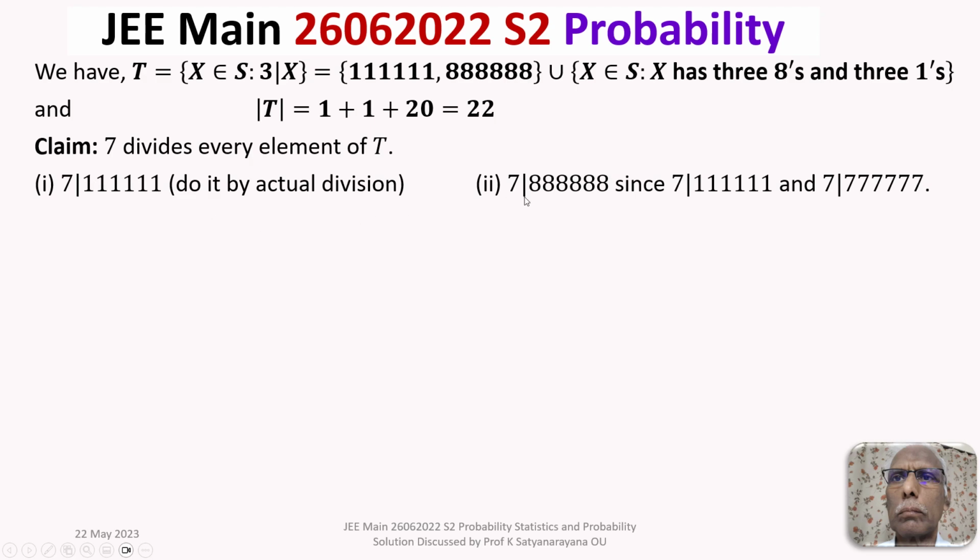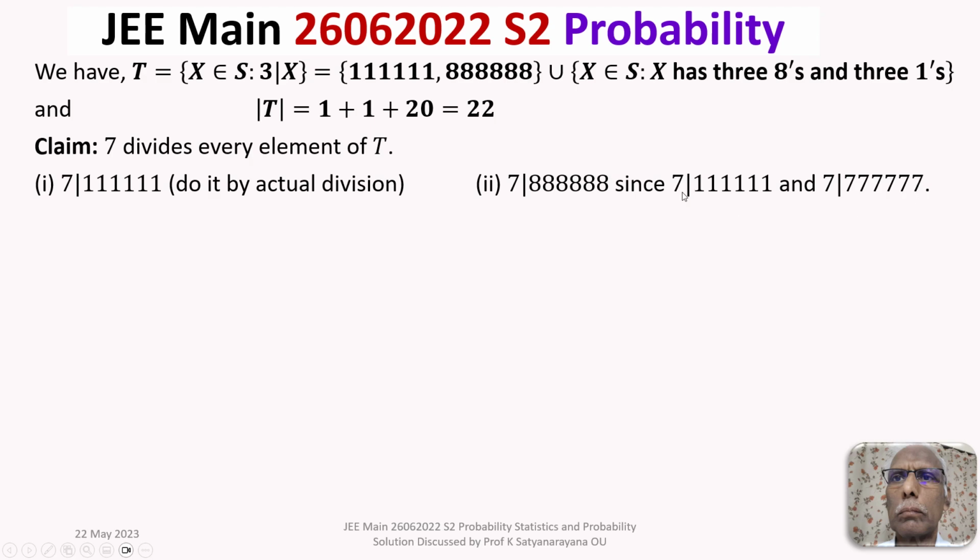Now 2. 7 divides 8 8 8 8 8 8. Why? Because 7 divides all ones, 7 divides all sevens. Yes, 7 divides all ones, we have seen in 1. 7 divides all sevens, obviously.